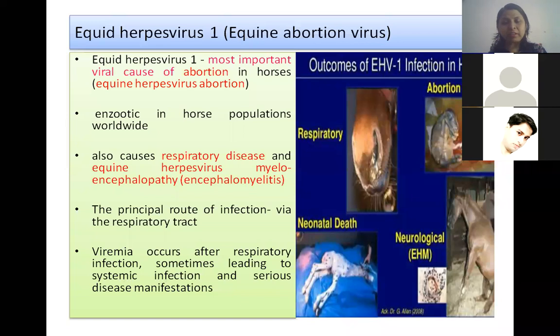Encephalomyelitis means infection of the spinal cord and the CNS both. The principal route of infection is through the respiratory tract. After respiratory infection, viremia occurs, and if systemic infection occurs, it causes different systemic manifestations. So equine herpes virus is associated with respiratory infection, abortion, neonatal death, and neurological symptoms.